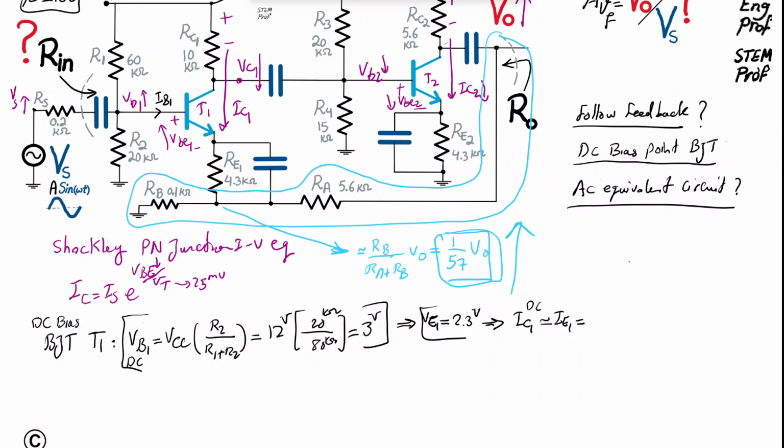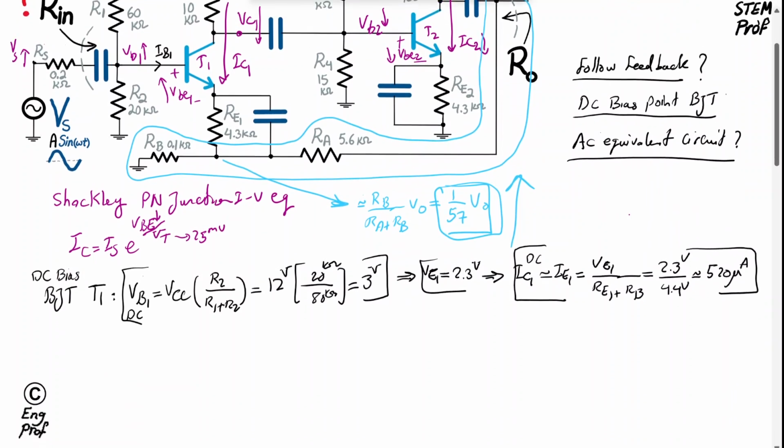And the current of the emitter obviously is the voltage of the emitter of transistor 1 divided by the series of RE1 and RB. So it will be 2.3 volt divided by RE1 plus RB, which is 4.4 kilo ohm. If we compute this, it turns out to be on the order of 520 microamp or 0.52 milliamp. So that's the collector current and emitter current of transistor 1.